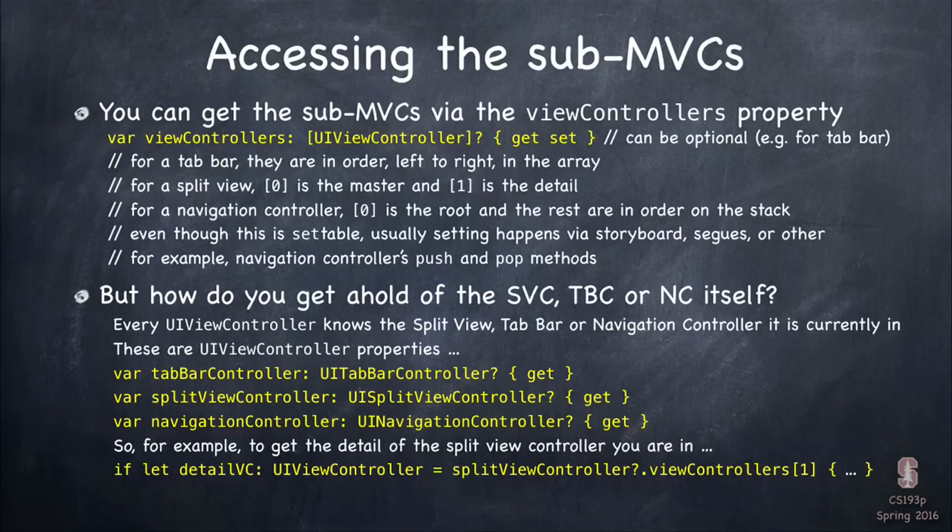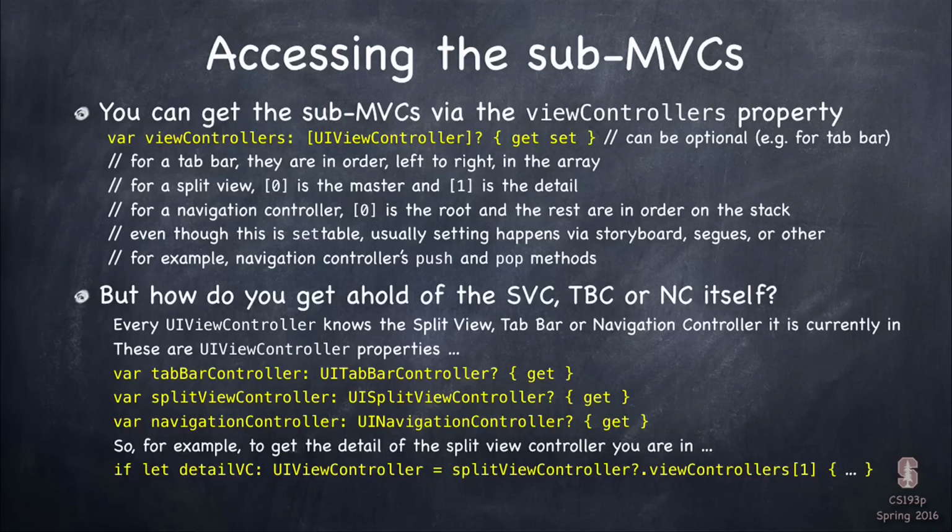It'll also tell you, this one, what navigation controller you're in if you're in one. And you could be in both a split view controller and a navigation controller. Imagine a split view controller where the master is actually a navigation controller that you can navigate through. Okay, so you could have a navigation controller inside a split view controller, and any MVC that's in that navigation controller, this would be non-nil, and this would also be non-nil. Okay, because it would be in both of those things.